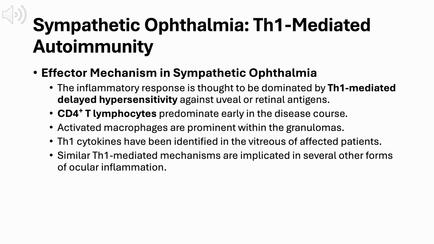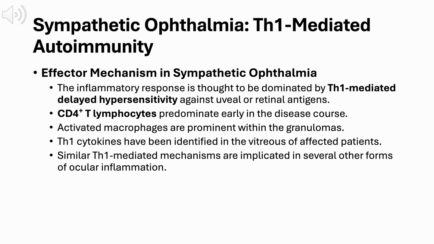CD4-positive T lymphocytes predominate early in the disease course, consistent with a helper T-driven Class II restricted process. Activated macrophages are prominent within the granulomas, the expected fingerprint of interferon gamma-driven macrophage activation. And Th1 cytokines have actually been identified in the vitreous of affected patients, direct molecular confirmation.